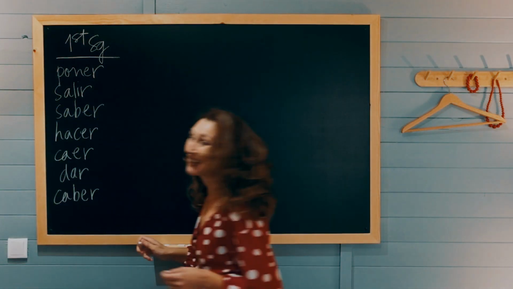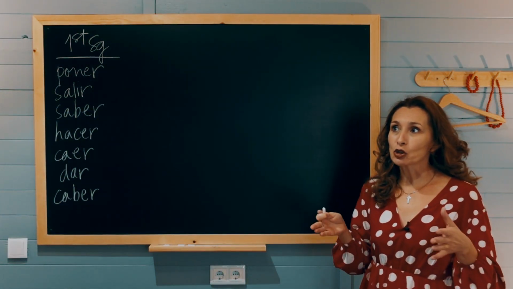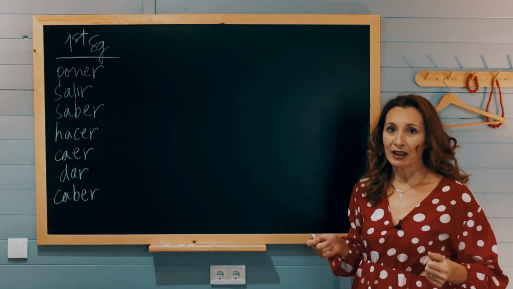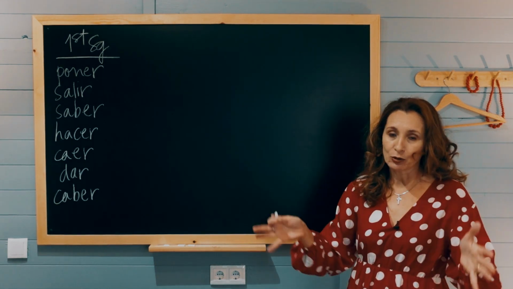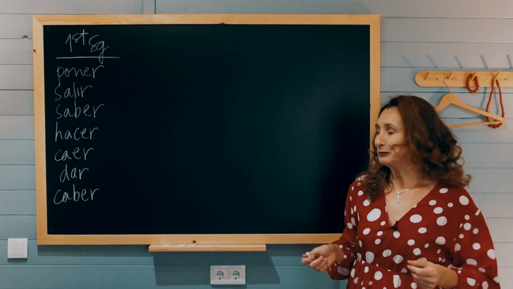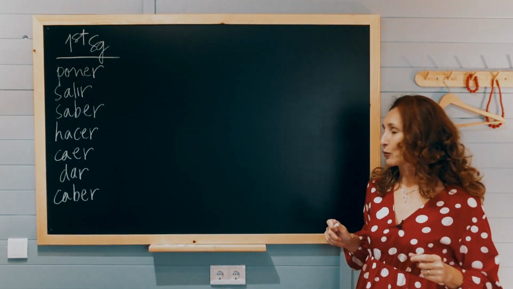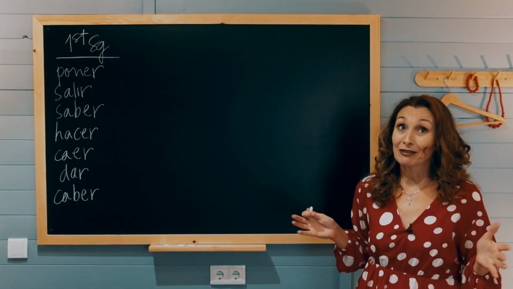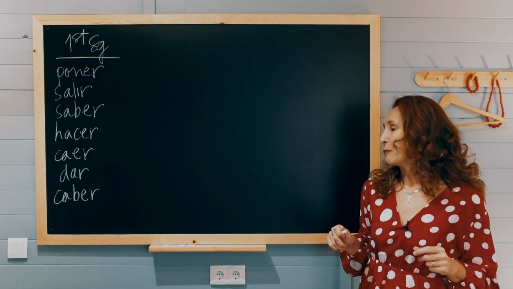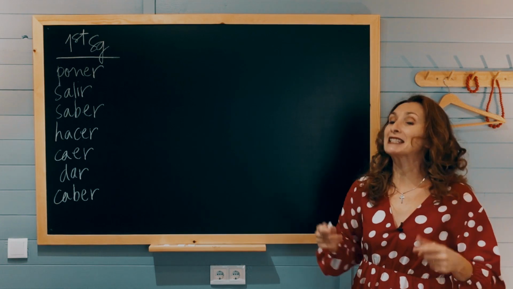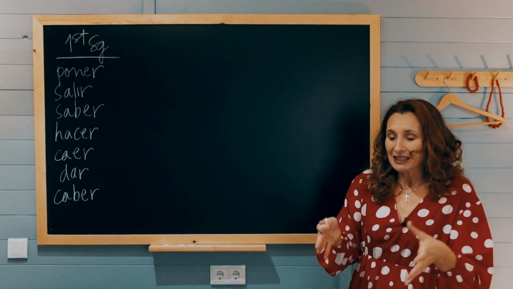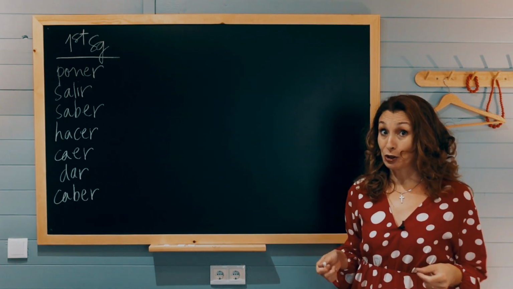In this group, caber. Caber means to fit into something, into a space. It has other meanings as well, as nearly every verb does, but let's say the typical one is to be able to fit into something.